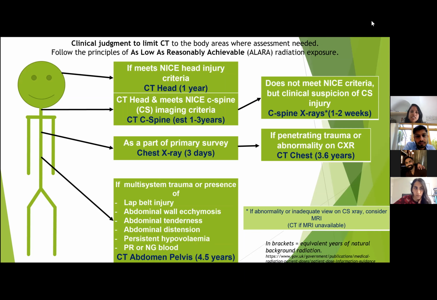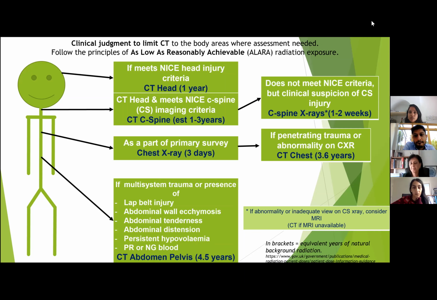We've talked about the chest, that you would use chest X-ray first. And in Abdomen Pelvis, you'd only use CT Abdomen Pelvis if there's lap belt injury, bruising, tenderness, distension, hypovolemia, or bleeding. And in brackets, this is not actually included in the guideline, but they're just ballpark figures about the irradiation dose.